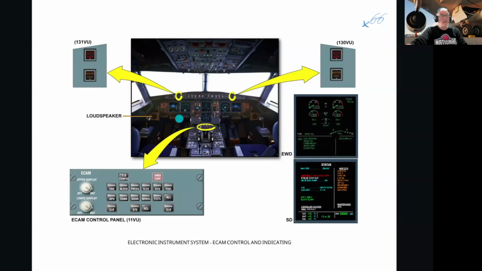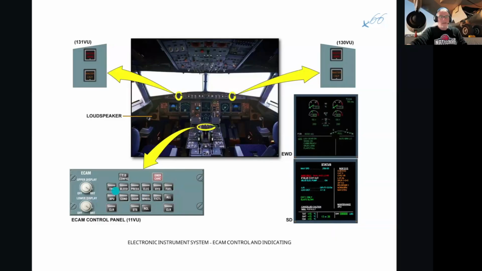And the bottom screen is used exclusively, or in the majority of the time, as a systems display. So you can display different kinds of systems through this ECAM control panel here, which sits just at the bottom of this panel here. So it would be here, basically, on the center pedestal.